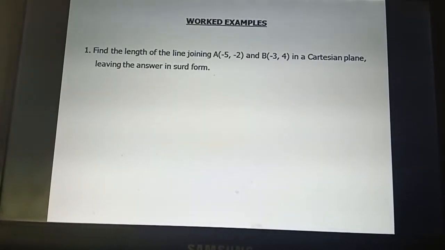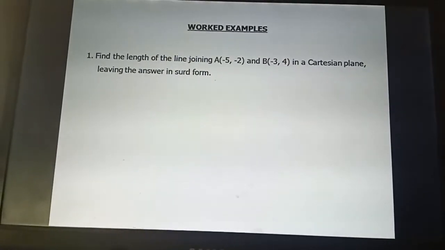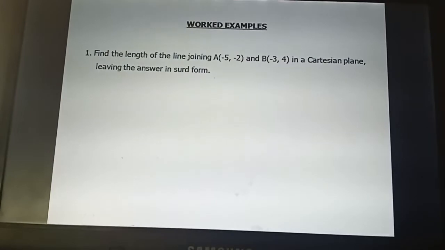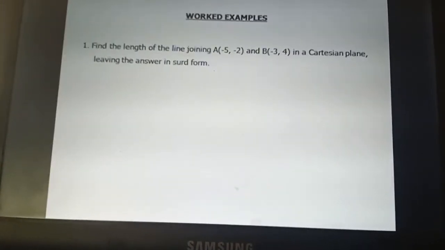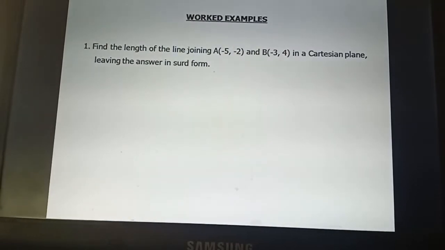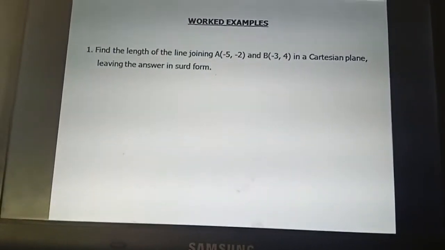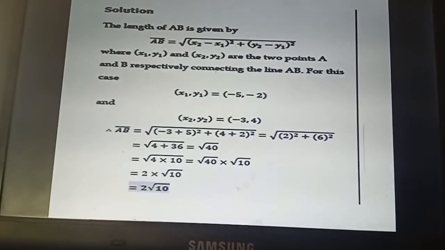You see, this question refers to Cartesian plane figures. So we are going to leave your answer in surd form. As you can see here, the solution.